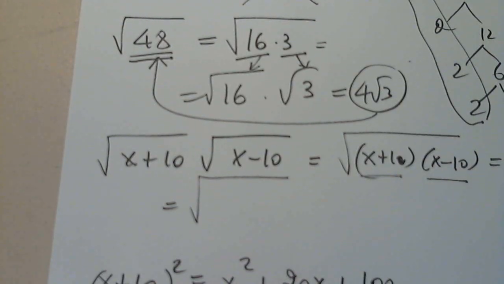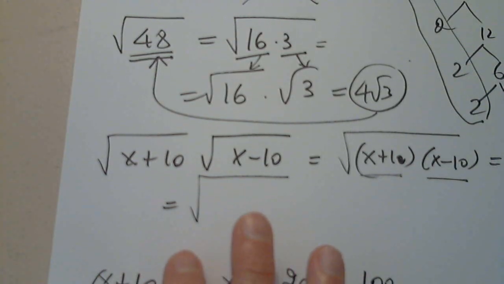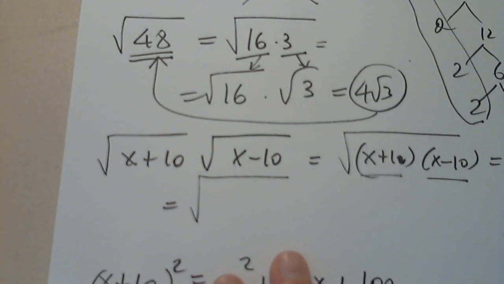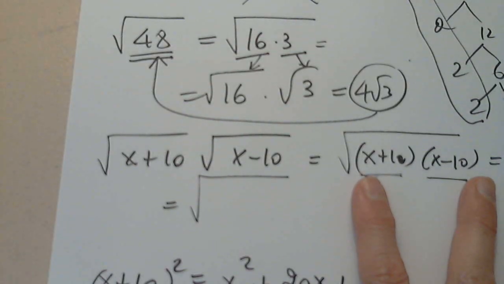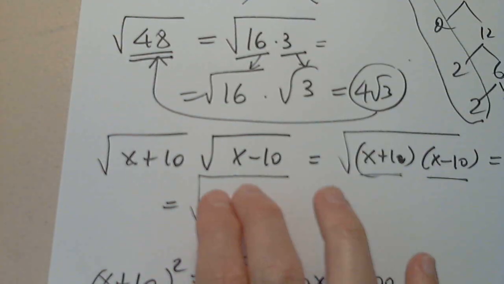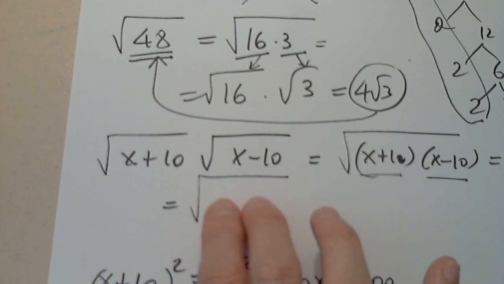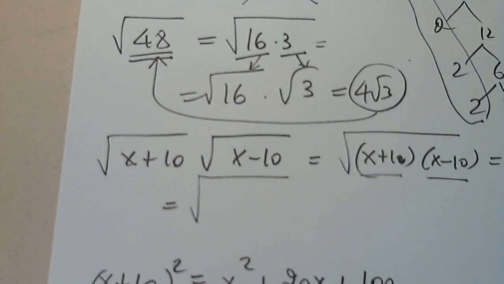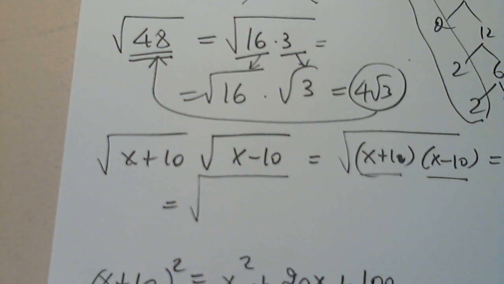So this is not this. I was just saying that x plus 10 squared is a trinomial: the first term squared plus 2 times the first times the second plus the second term squared. And this is not a trinomial. This is the difference of squares. When we multiply these two, we get 2 terms, not 3. So what should I put here that factors into these two?